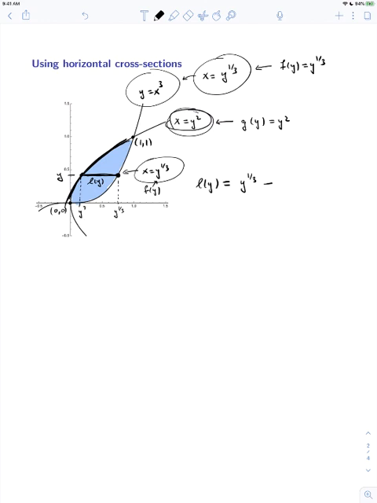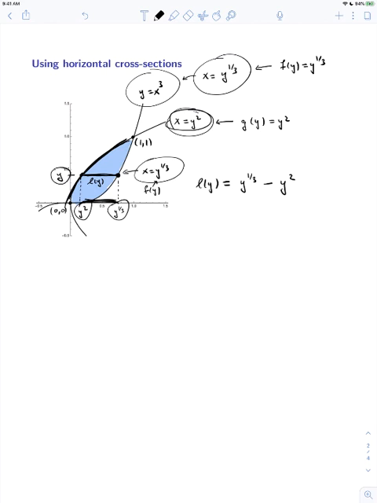It's y squared. So it's going to be the distance between these two, y to the 1/3 minus y squared. And that gives me the length, L of y. You can see it's the distance between the two x values. The larger x value is y to the 1/3, and the smaller x value is y squared. Keep in mind that y is constant here.